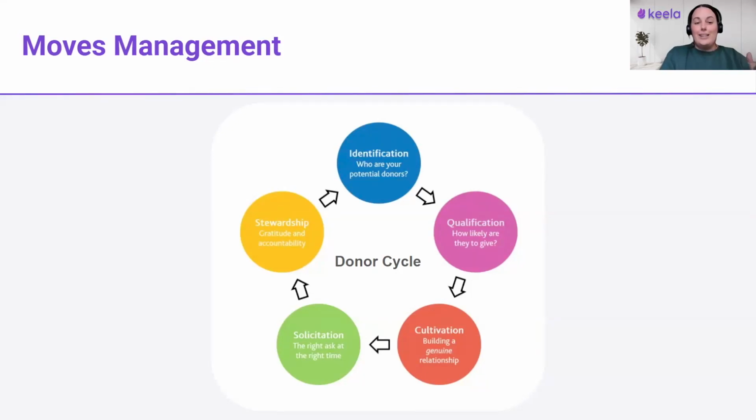We quickly realized the resemblance here. Not only does this type of workflow resemble moves management, but it also gives us an opportunity to allow organizations like you to extend this concept of moves management across multiple segments of donors, so that all of your contacts get the same type of attention that your major donors are getting, but without all of that manual work.